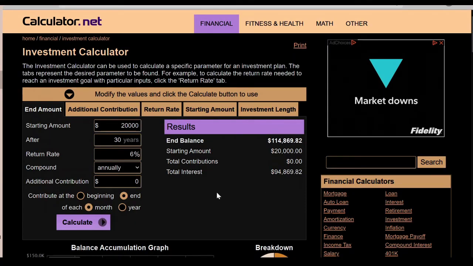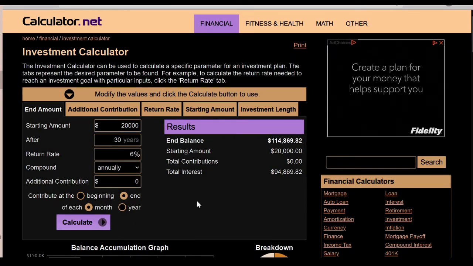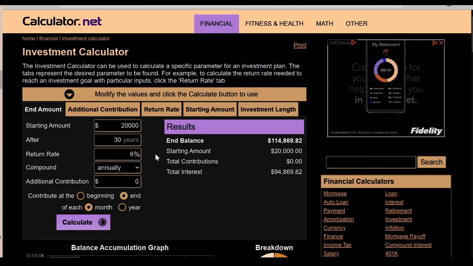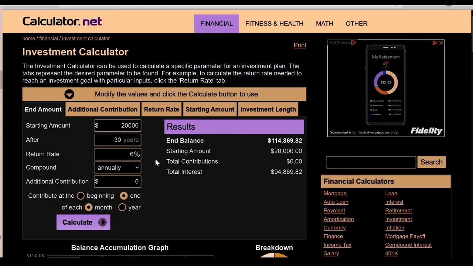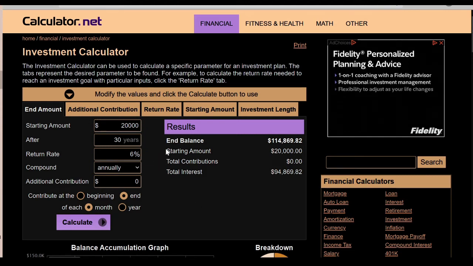For example, here I am on an investment calculator. Suppose that I start out and I invest an initial amount of $20,000. This would represent one particular X value. In 30 years, I would have $114,000 in the investment. That would be the corresponding Y value.